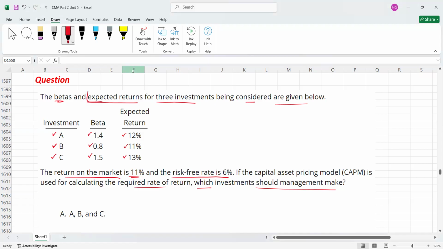Guys, simply here what you have to do. When you are taking a decision on which investment we should make, we have a couple of options. First, you will calculate the required rate of return by using the capital asset pricing model for each investment. Then you will compare it with the expected return.